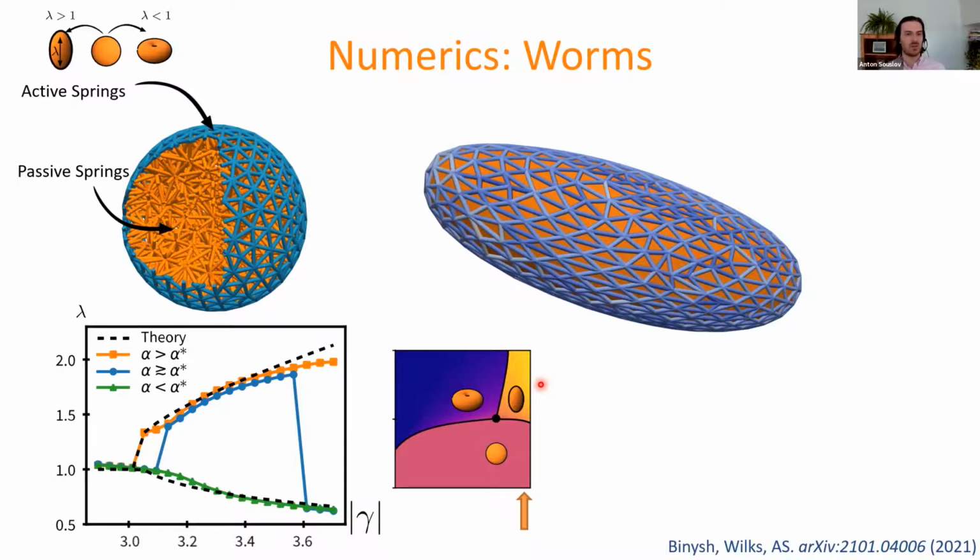We can also compare this numerical simulation with our theory, right? And the way we compare it, essentially, we match the location of this critical point in the simulation and the theory, and then plot the deformation as a function of activity, right, for different values of the nonlinearity parameters.